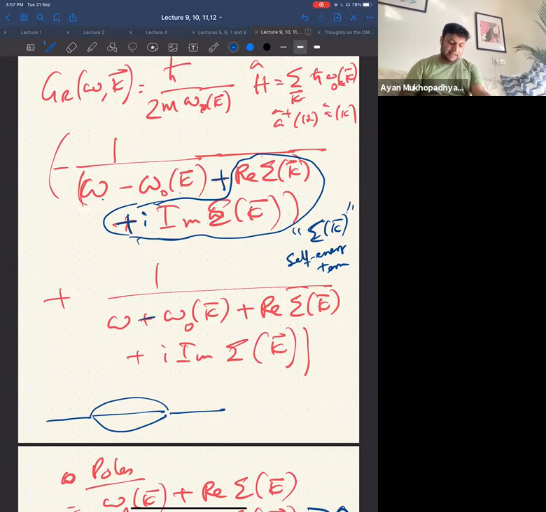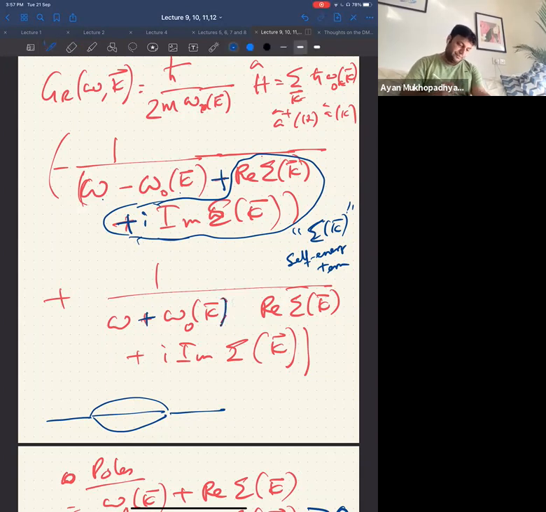And similarly on the other side, you also get this minus. Maybe I should use the conventional thing. So one is omega naught minus real sigma k, plus I imaginary sigma k.